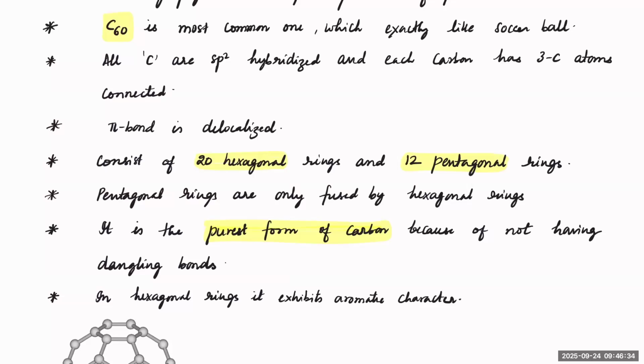But is this possible in Buckminsterfullerene? No, because the last carbons are again bonded with the same carbon of that molecule because it is cyclic. That makes it the purest form because there are no open valencies here.